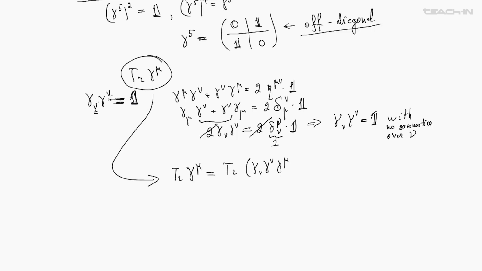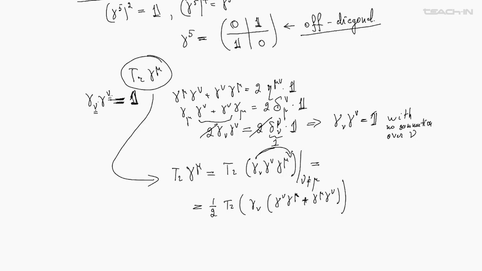Then I can write this as 1/2 trace of gamma nu, gamma nu, gamma mu. Under the trace I can use its cyclic property and move gamma nu around to the right-hand side. I have the one and same expression twice, so I need to divide by 2 to reach an equality with the previous expression.